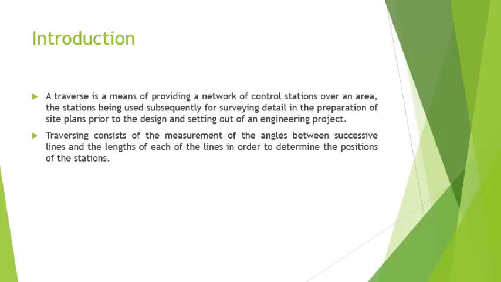Traversing consists of the measurement of the angles between successive lines and the length of each line in order to determine the position of the stations. Each survey line consists of direction information in the form of bearings.